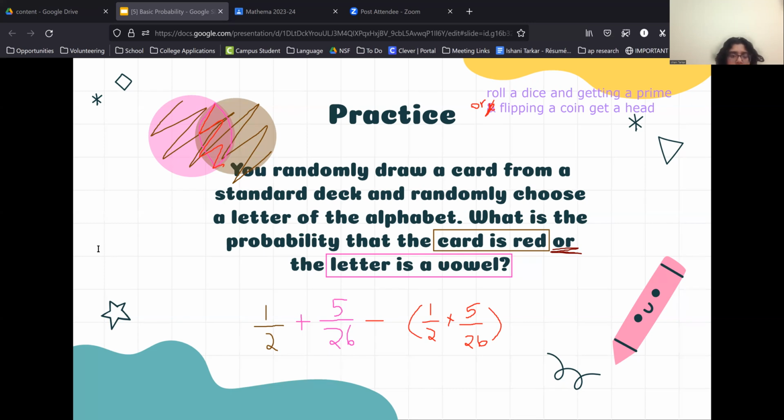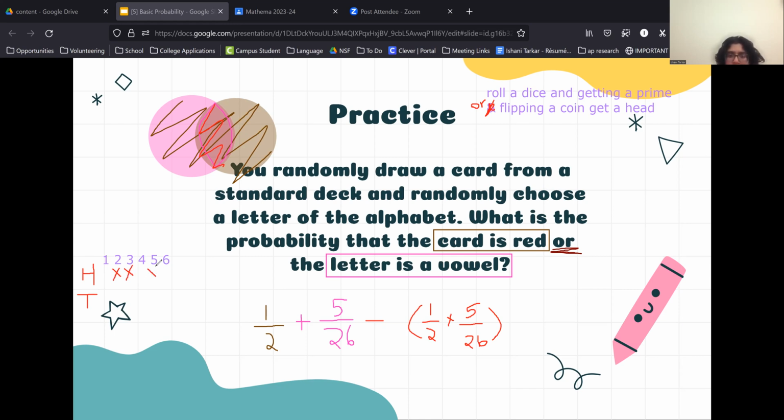So let me make a table to show you the possibilities, right? So we can get 1, 2, 3, 4, 5, 6 as whatever we get when we roll the dice. But we can also get heads or tails as the possible coin tosses, right? So there is a possibility that we flip a head and get a prime, right? So that would be this, and this, right?